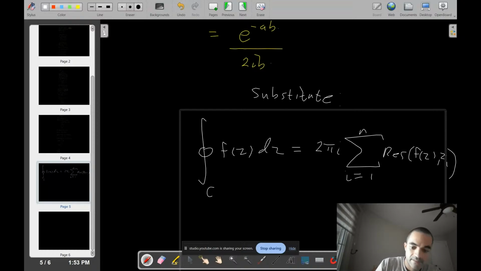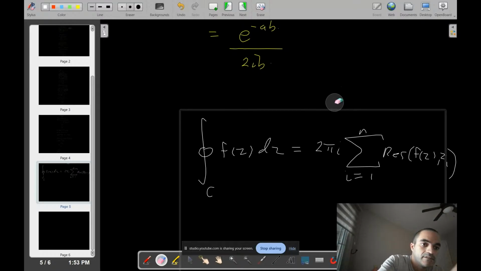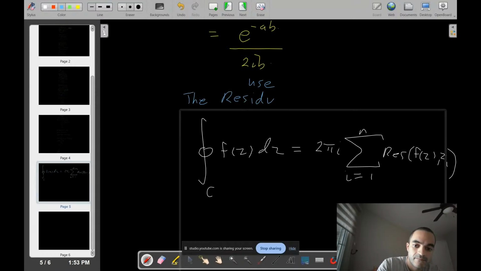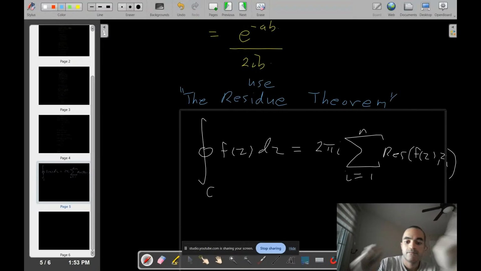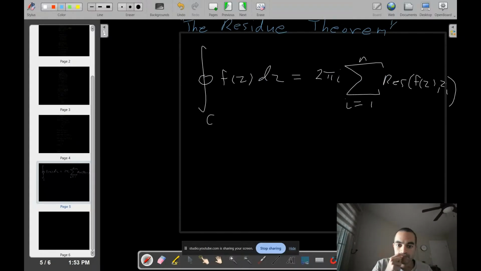So we use the residue theorem. That's what we're using right now.